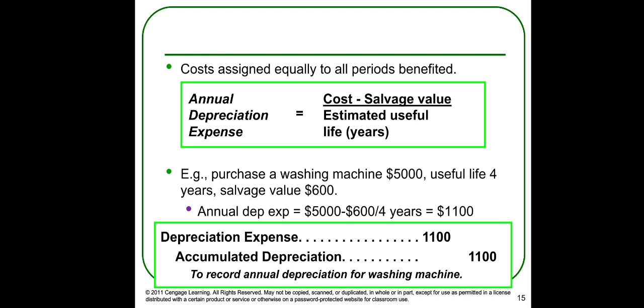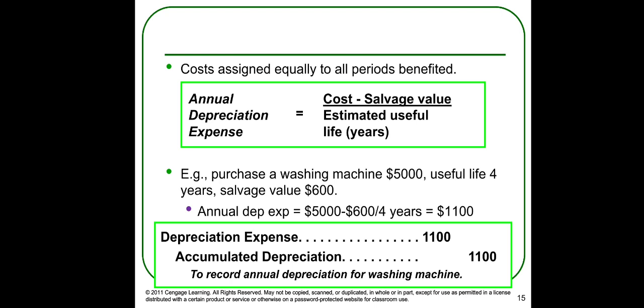The cost is 5,500, and you expect that the machine can be used for 5 years. So salvage value is the value of the machine after 5 years. Let's say after 5 years, the machine can be sold as a recycled item for 50 ringgit. So that is the salvage value.